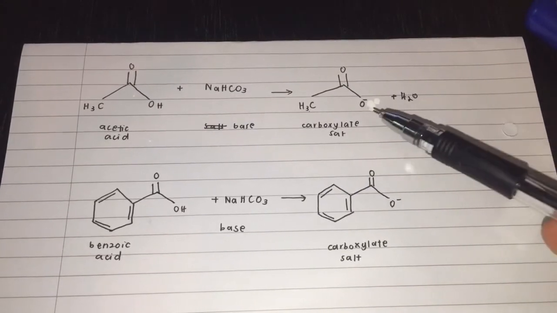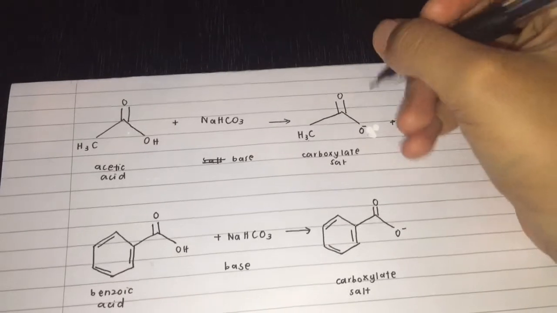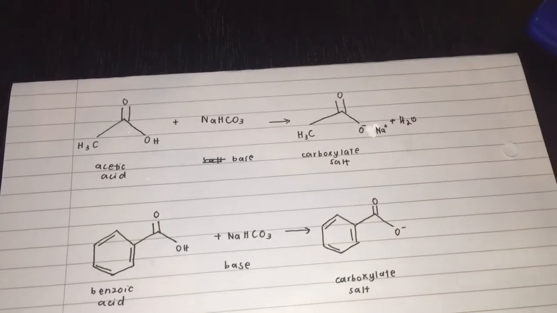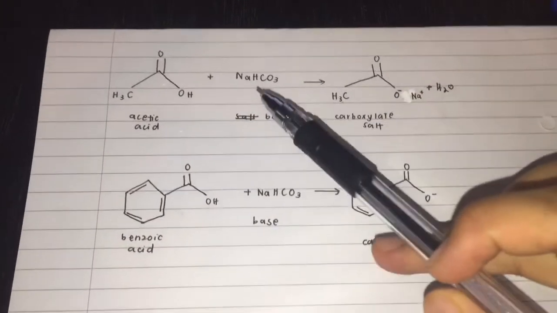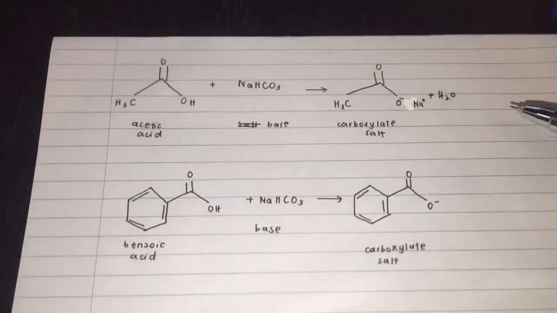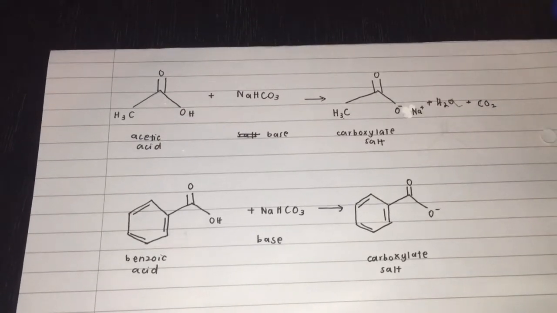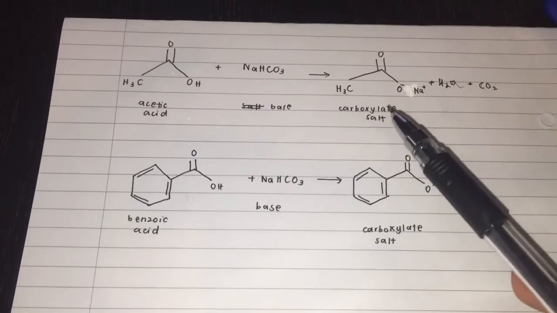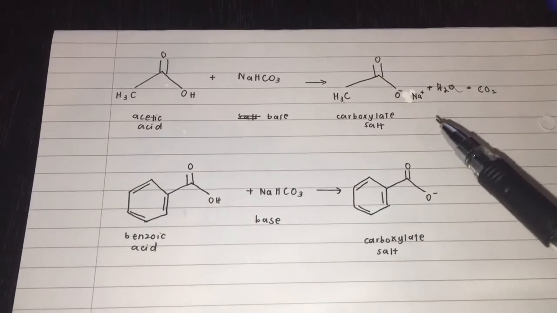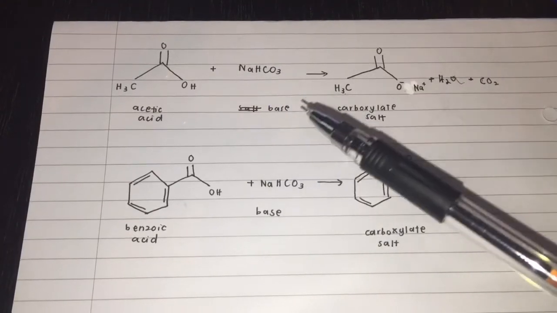So we add the Na+ to this carboxylate salt. This reaction is not complete yet because we still have the remaining CO2 from this base, so we just add CO2 over here, and that's it. This is the salt that we just made, and we call it a carboxylate salt because it is the salt produced by the reaction of the carboxylic acid and the base.